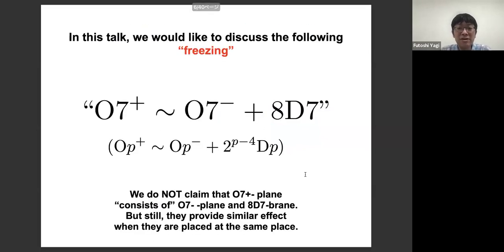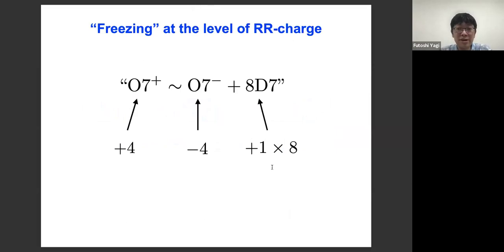First, why I begin to say this is based on the observation of charge. This is probably the simplest observation of some kind of equivalence between the left-hand side and the right-hand side.